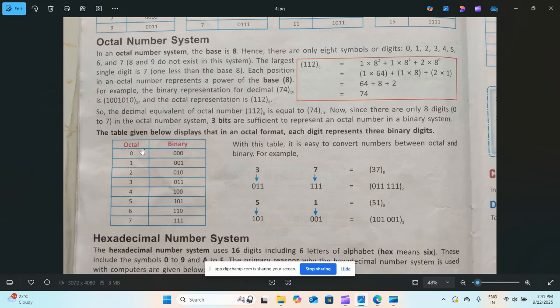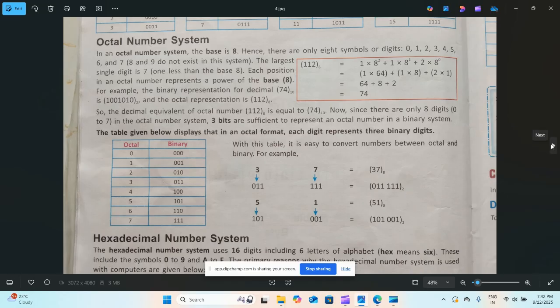Correct? So you need to know from 0 to 7 what the binary equivalents are. When you convert octal to binary, you will directly write each digit's binary equivalent. Suppose 37 is an octal number, how will you write the binary conversion? You will write directly 3's binary equivalent and 7's binary equivalent. That's it. And this is how the binary number will come here. Understood? Super.